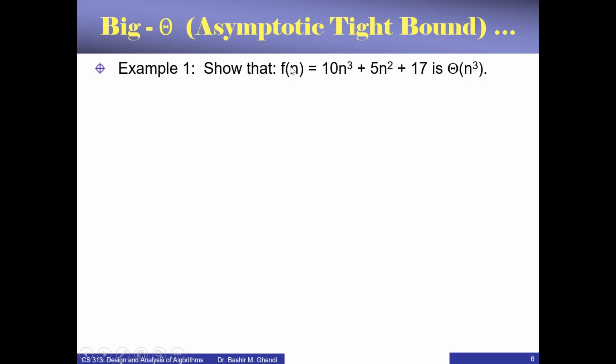It's just that here we are calling it Fn instead of Tn. So we are saying if an algorithm has a running time function that turns out to be this, then that algorithm can be classified as being theta of n cubed.